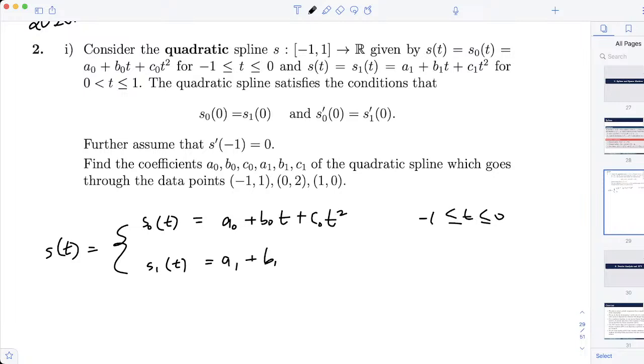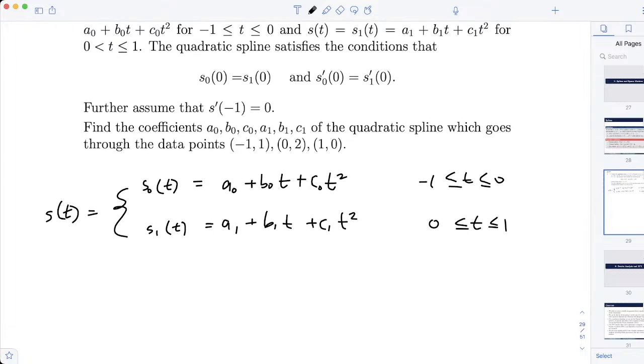They're both quadratic, for 0 ≤ t ≤ 1. And then we have what, 1, 2, 3, 4, 5, 6. We have 6 conditions. So we're given the 6 conditions that I'm talking about, instead of writing them all out. This one over here, this one over here, this one over here.